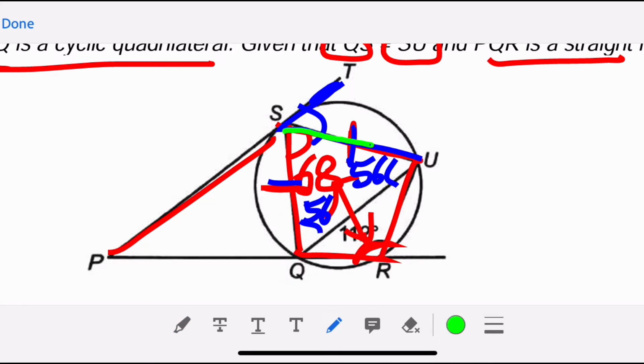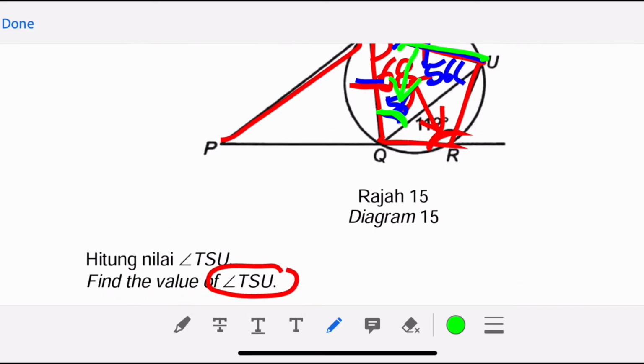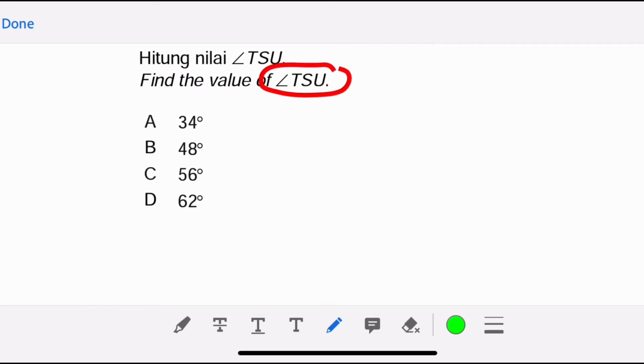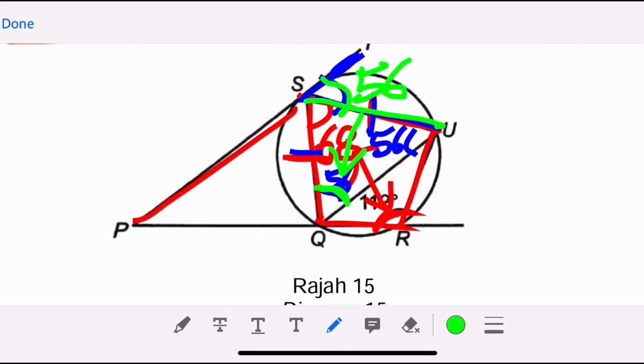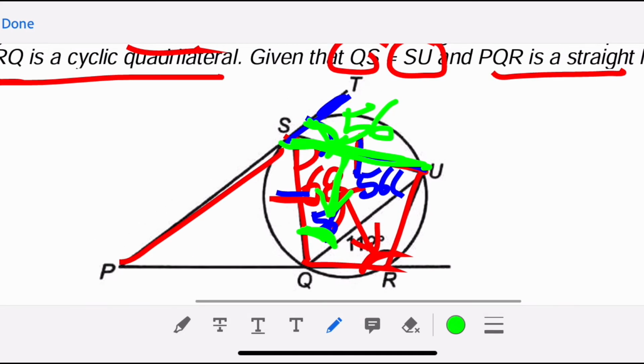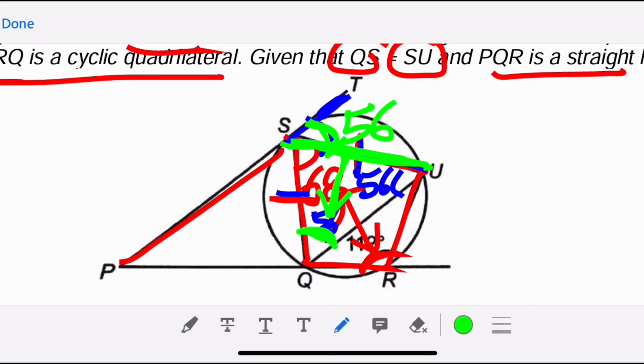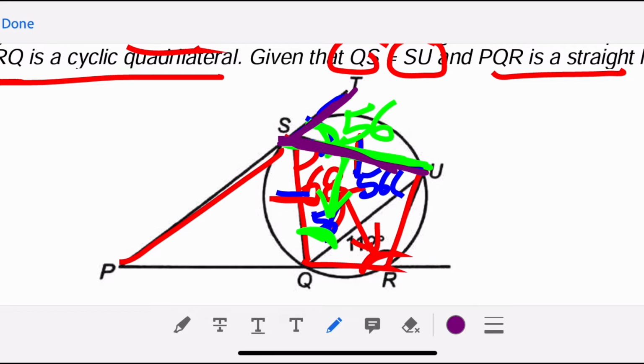This is the chord, and this angle will be the same, 56. So the answer is 56, C is the right answer. We apply the angle in the alternate segment. It's the same as the angle made by the tangent and the chord. This one and these two are the same.